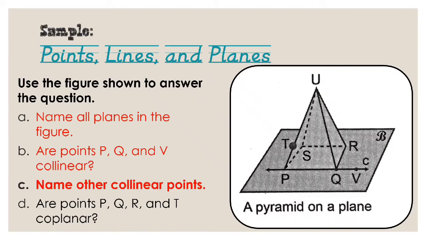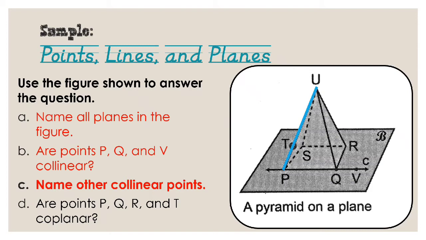Okay? So, next one, we have to name other collinear points. P, Q, and V are collinear points because they lie on the same line. Now, what other points do lie on the same line? Can you see any points that lie on the same line?